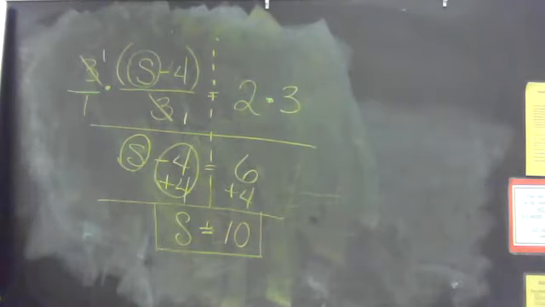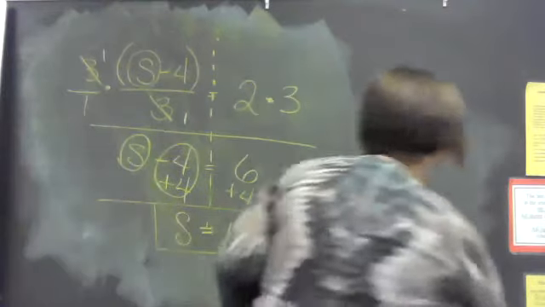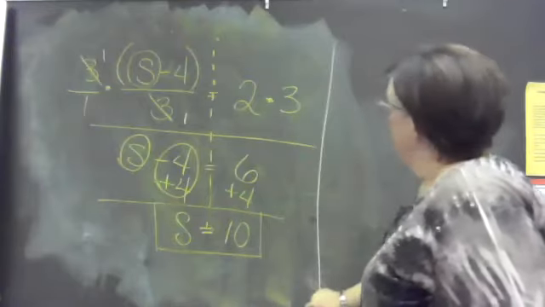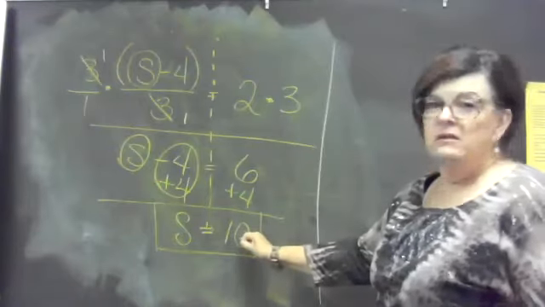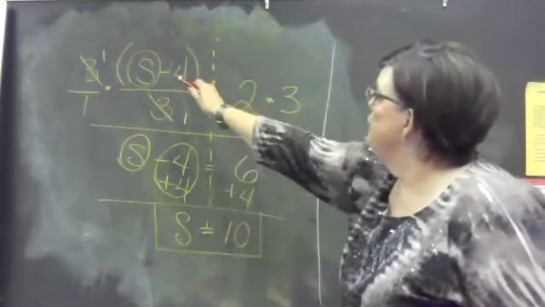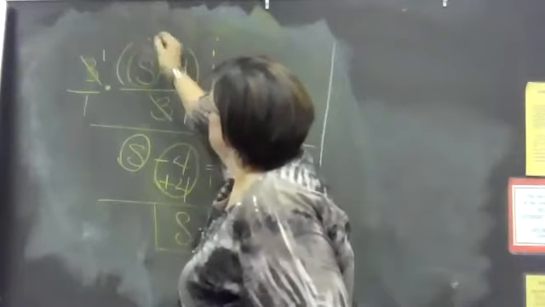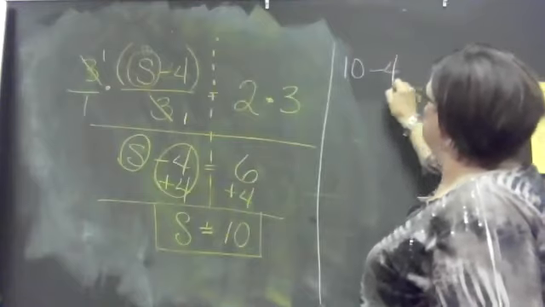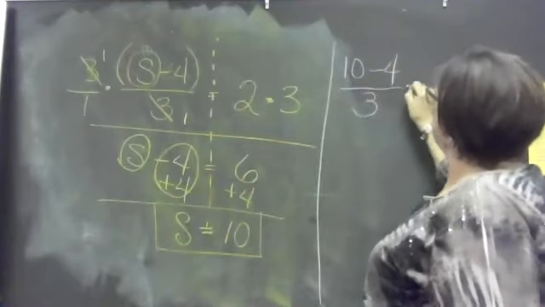Now, if you worked through something like this and you say, I don't know for sure, you don't have the answers, and you say, 10, that doesn't make sense. Well, let's just check it. This isn't a have to, but if you take your 10 that you got and plug it into your original equation right here, then we will have 10 minus 4 over 3 equals 2.